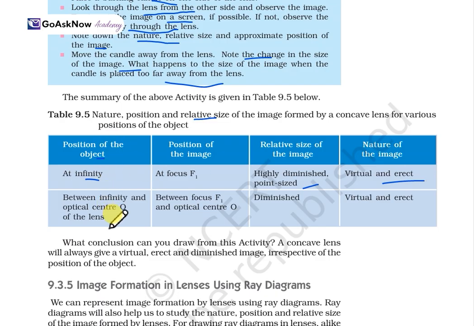Now, when the object is between infinity and the optical center O of the lens, the image will be between F1 and the optical center O. At that time, the relative size of the image will be diminished, and the nature of the image will be virtual and erect. So, what conclusion can you draw from this activity? A concave lens will always give a virtual, erect and diminished image irrespective of the position of the object. This is what we have observed.